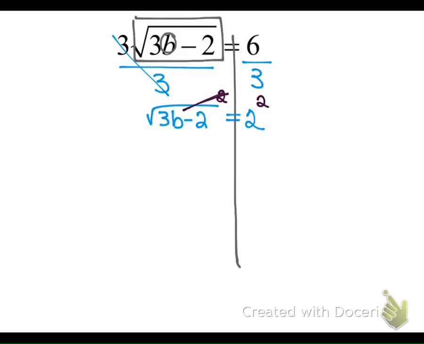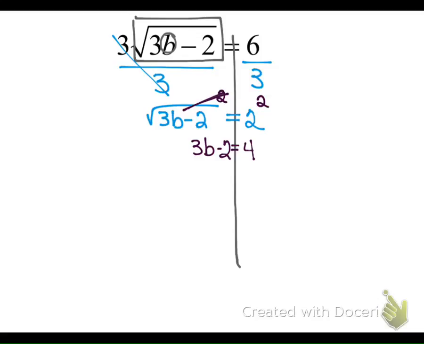So on my left side, I can bring down just my 3b minus 2. And then on my right side, I need to take 2 squared, which is 2 times 2, 4. Then from here, I just have a two-step equation. I solve as usual.